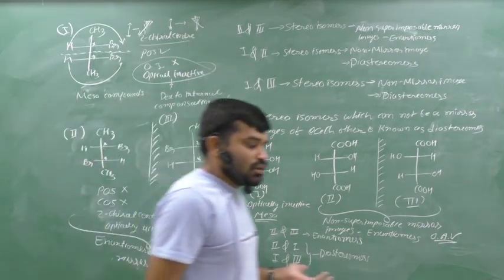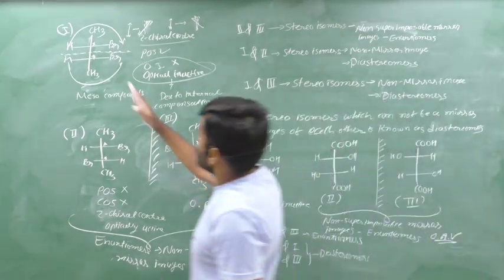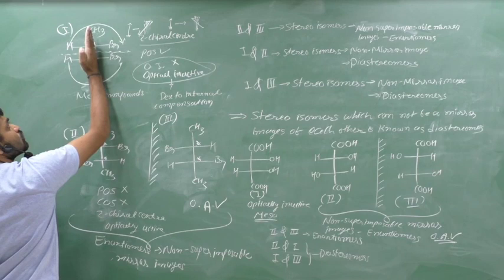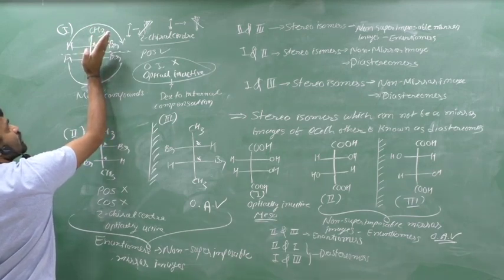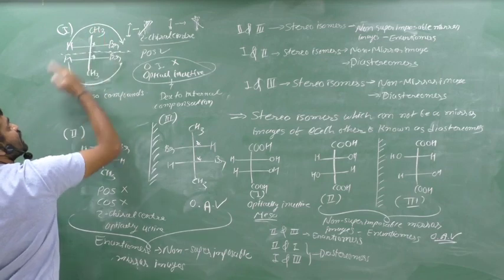Therefore the resultant rotation may be 0. It means that if the upper part rotates the plane polarized light in one direction, the lower part rotates it in the other direction, clear?